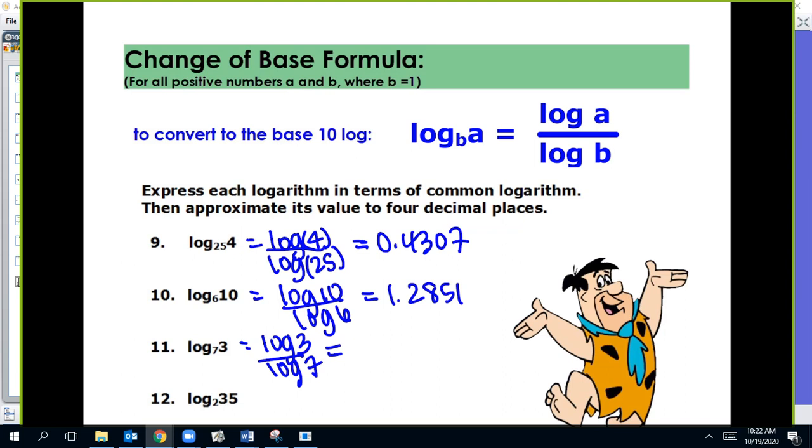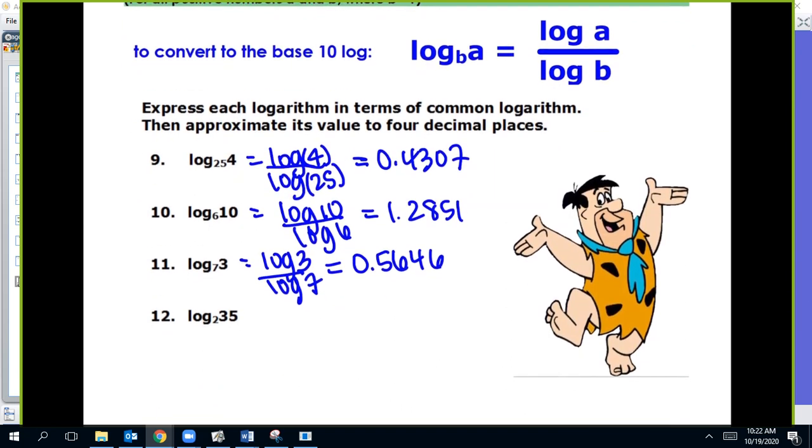And that's 0.5646. And the last one, log 35 over log 2. Be careful with your parentheses that you close it before you divide, and that's 5.1293.